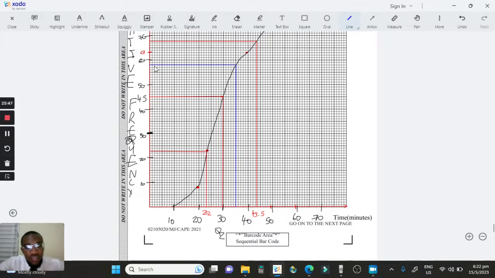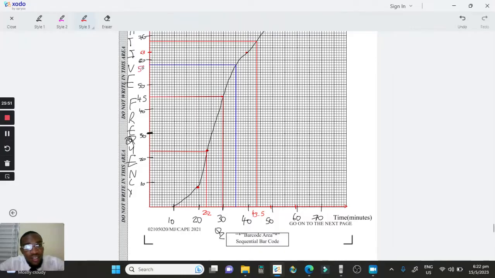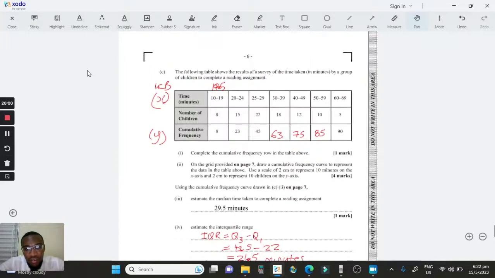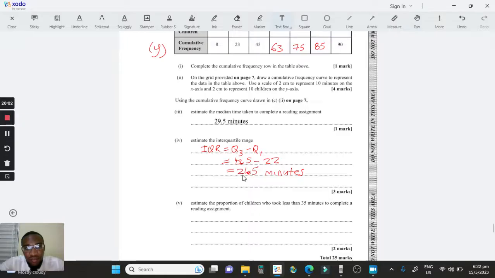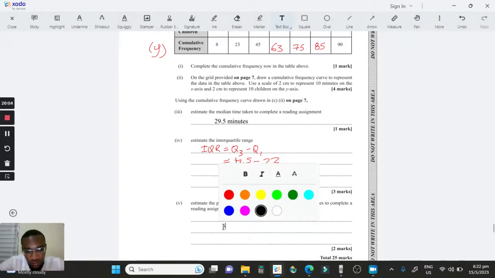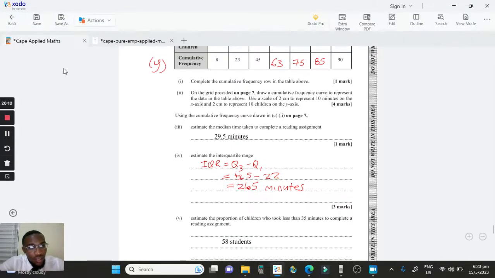This is now 58. So 58 students took less than 35 minutes. So we can just tell them 58 students. All right, that's it. That completes question 1.